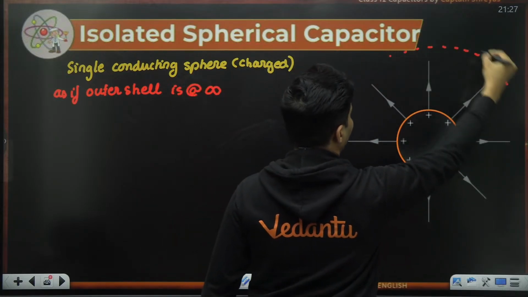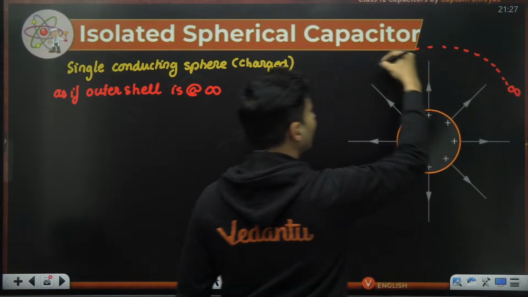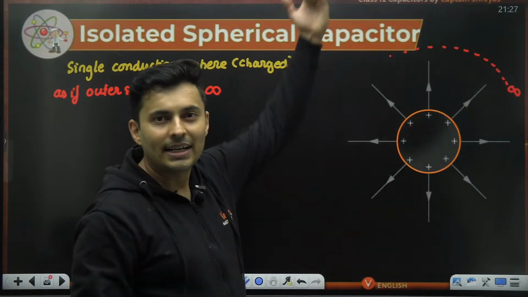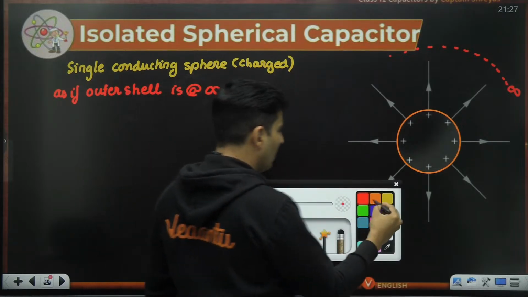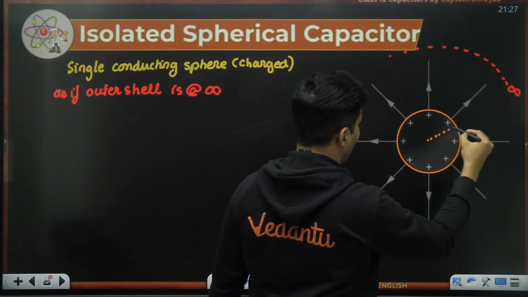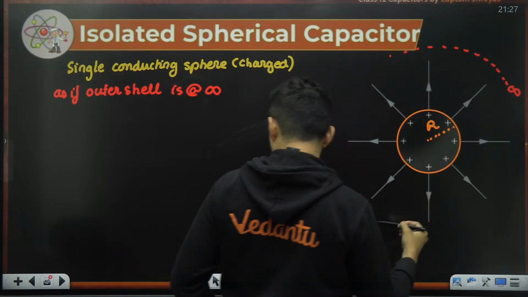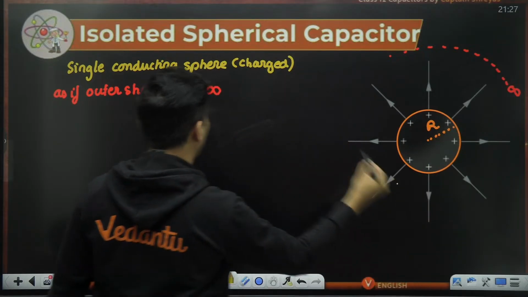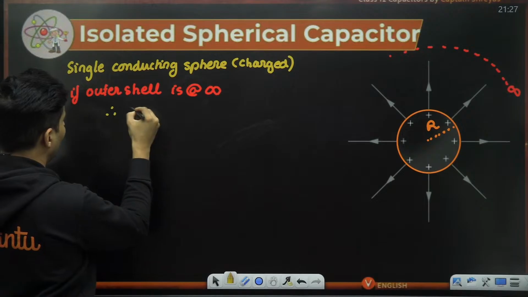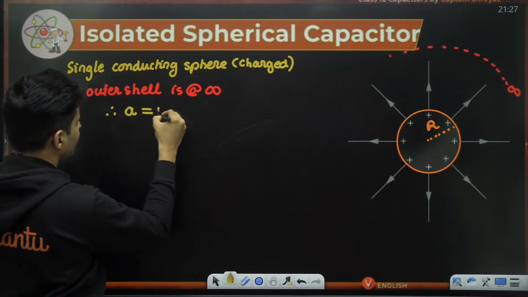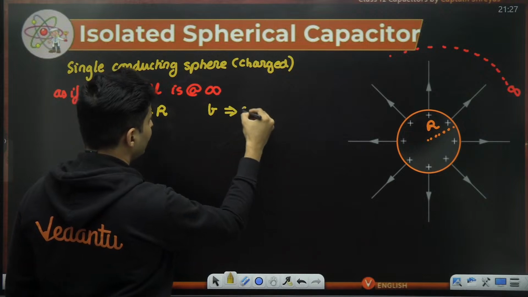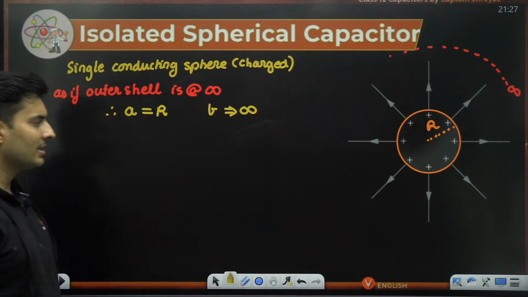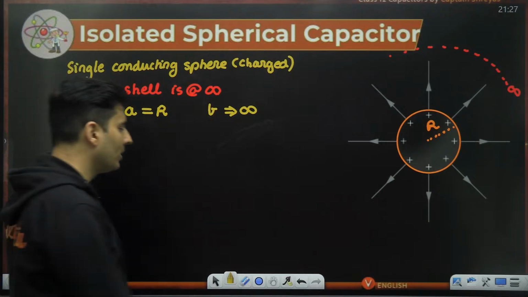That means they are never ending. So this is infinity, as if the other plate is at infinity. Oh, so if this isolated sphere has a radius of r, then can I easily argue that therefore the inner radius is r and the outer radius is basically infinity, or tending towards infinity.